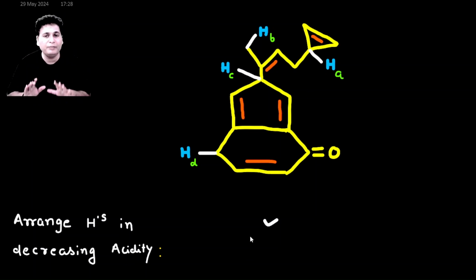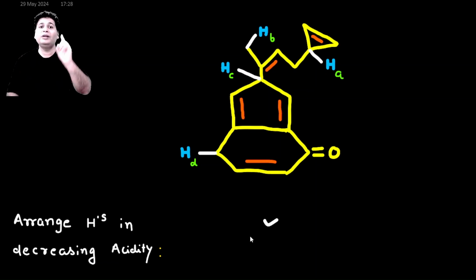In such type of problems, you have to take the H plus out of the compound, the substrate, one by one, and as you take the H plus out, there will be a conjugate base left behind.